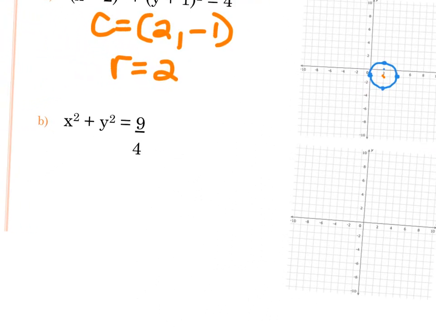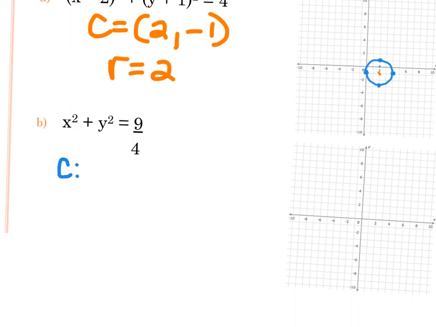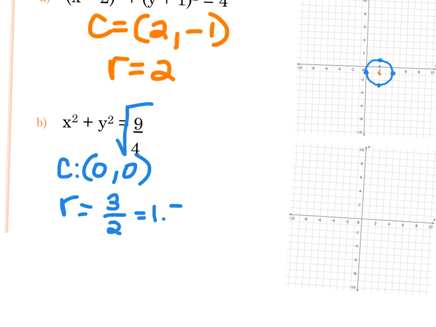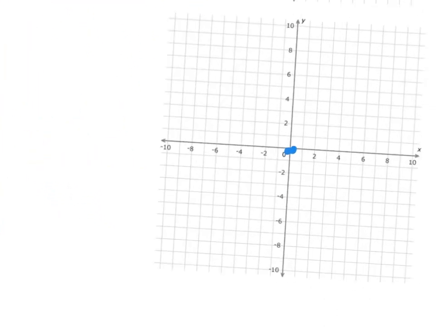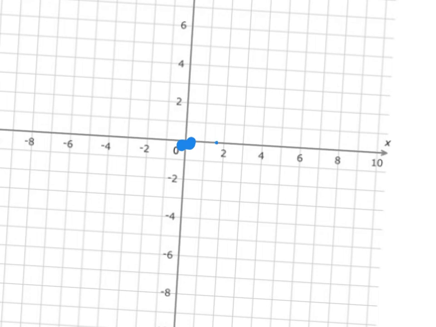Okay, and then B, center. There's nothing after the x and there's nothing after the y, so it's 0, 0. And the radius is the square root of 9/4, which is 3/2, or 1.5. Go to my circle, plot my center, and then I'm going to go to the right 1.5, up 1.5, left 1.5, and down 1.5. And there's your circle.